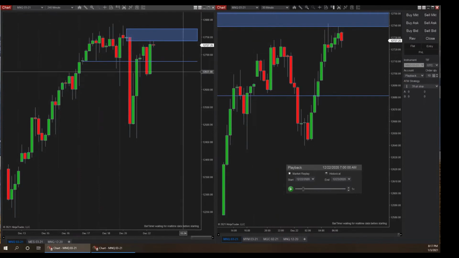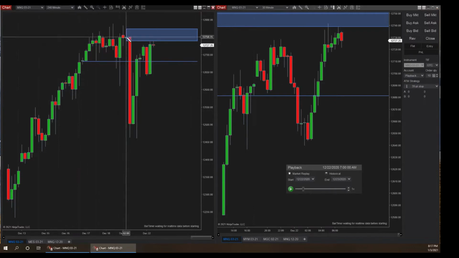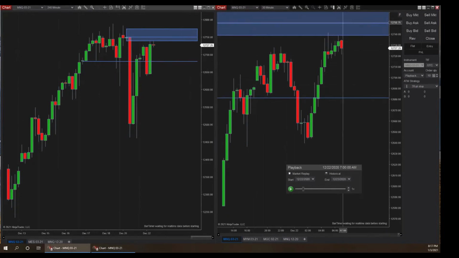I wanted to show you here so you can get an idea of where the key line is being touched and rejected from on this 4-hour time frame. Drawing that key line, and where it is here on the 30-minute, already drawn in, as you can see here, from that 4-hour.